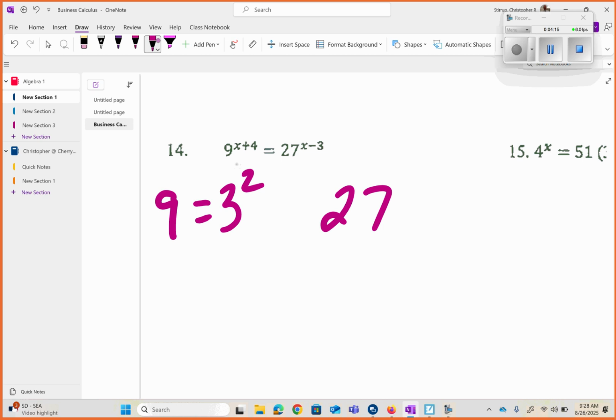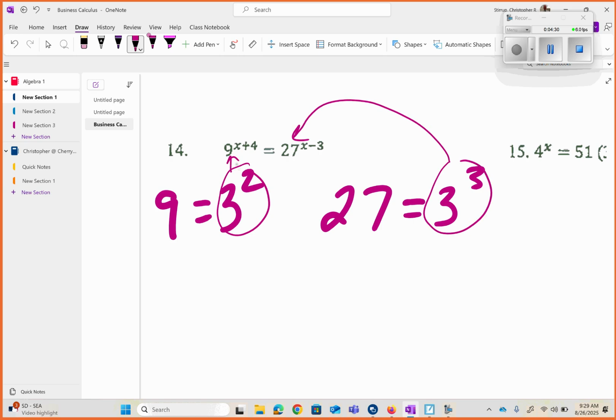Do you agree with that? Are you okay that 27 is the same thing as 3 to the third? 3 times 3 times 3 is 27. So I'm going to replace the 9s and 27s with these, and then I'm going to get 3 raised to the 2 times x plus 4 equals 3 raised to the 3 times x minus 3. Okay, do you see what I did?